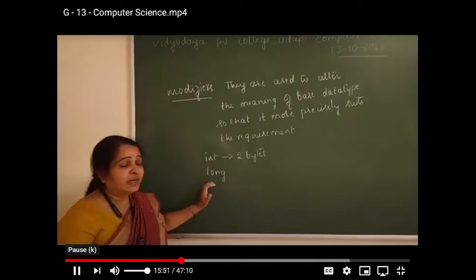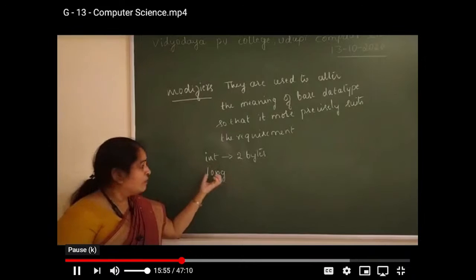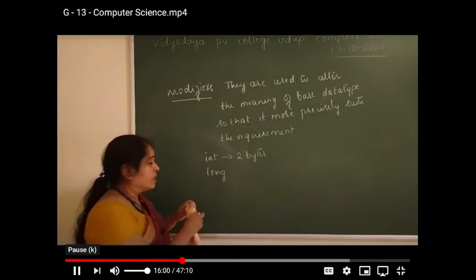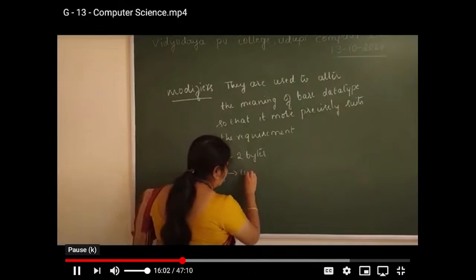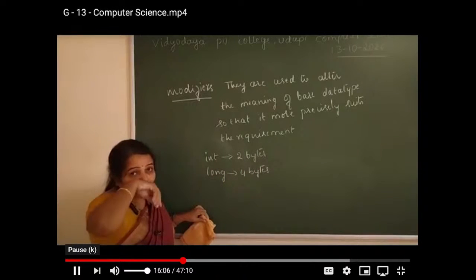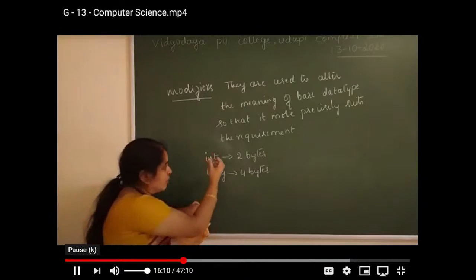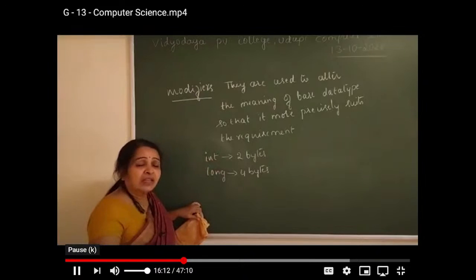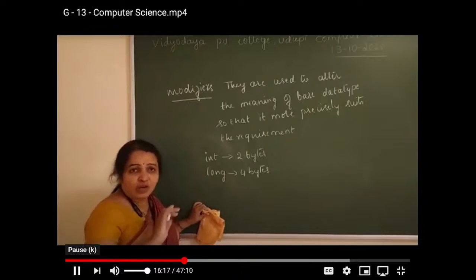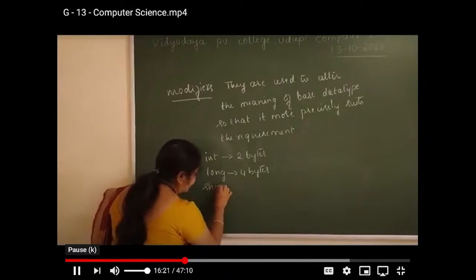When we use the data type with the long modifier, long is the modifier, the available space is 4 bytes. So you can input quite a bigger number also. Suppose you have taken it as int and int is more than the requirement. You do not want that much. In that case, we can take it as short.